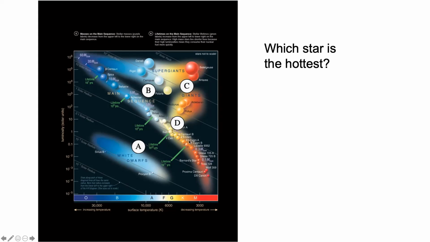Okay, so if we're talking about which star is the hottest, is there another way? How could you rephrase this question? What's another way of asking the same thing? James, could you put it into different words for us?